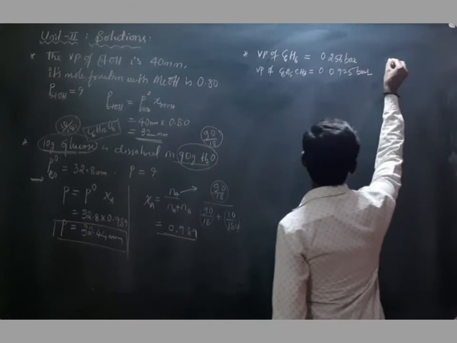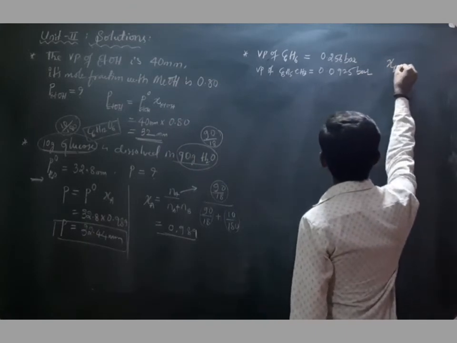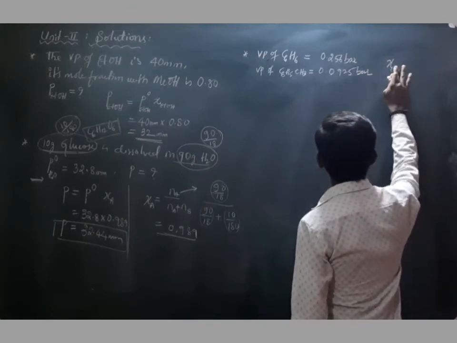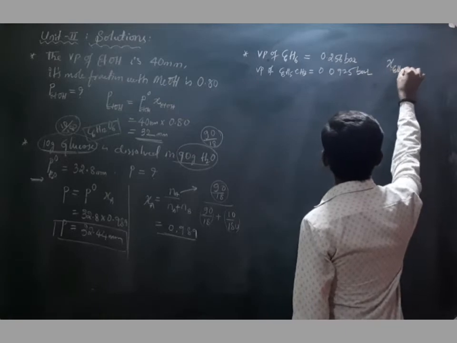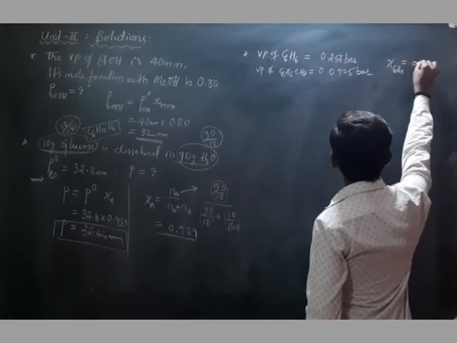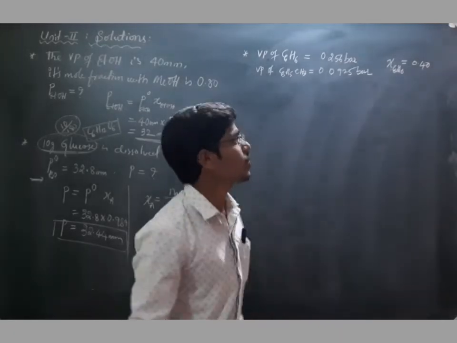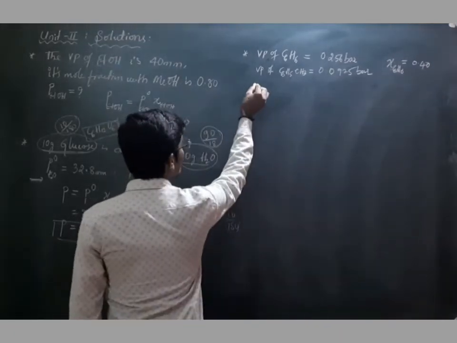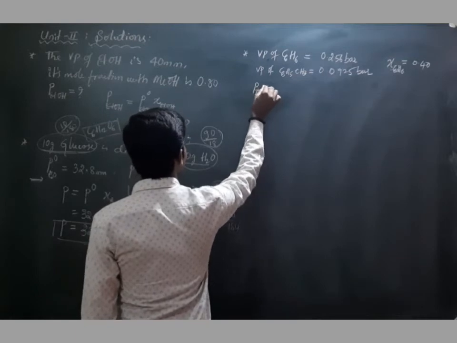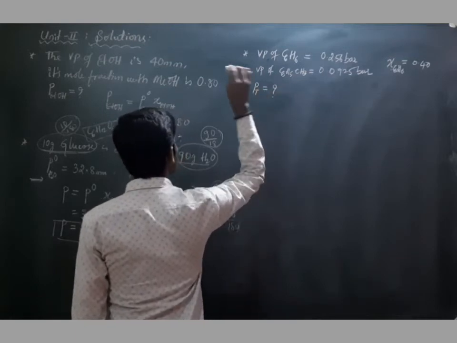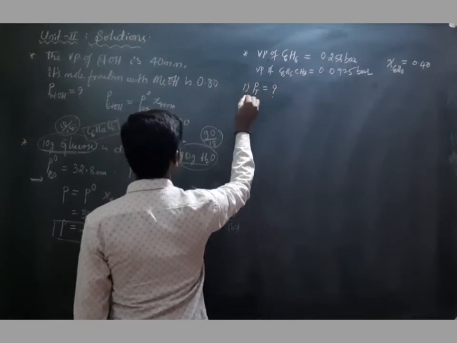If the mole fraction of benzene, C6H6, is 0.40, then what will be the total pressure of the solution? Total pressure of the solution is equal to question mark. This is the first one.